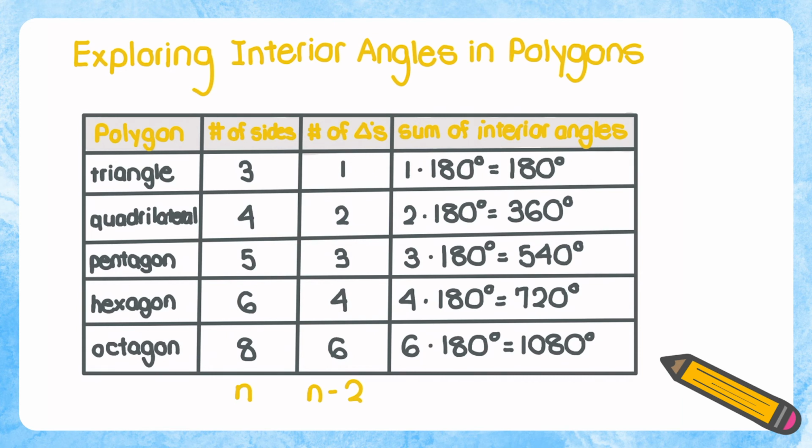We're going to use this to write out a generic formula to find the interior angles of any polygon. We can find the sum of the interior angles of a polygon by multiplying n minus 2 by 180 degrees. So basically, it's the number of triangles in the polygon times 180 degrees.